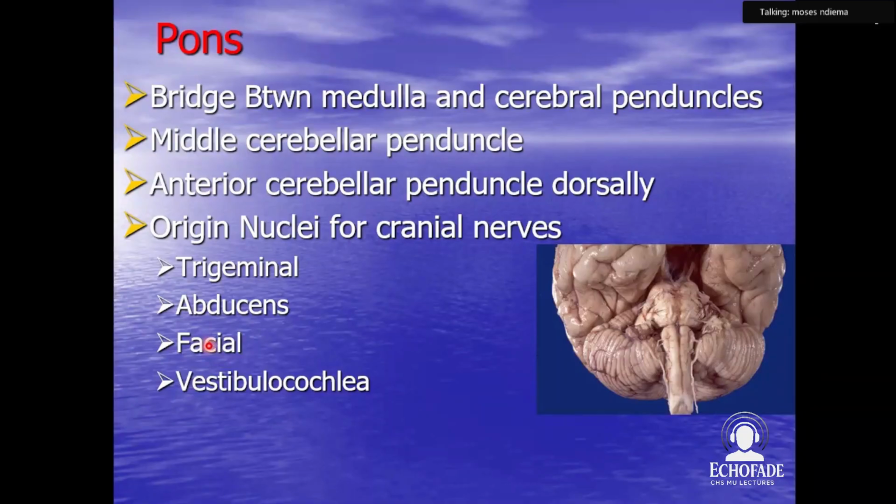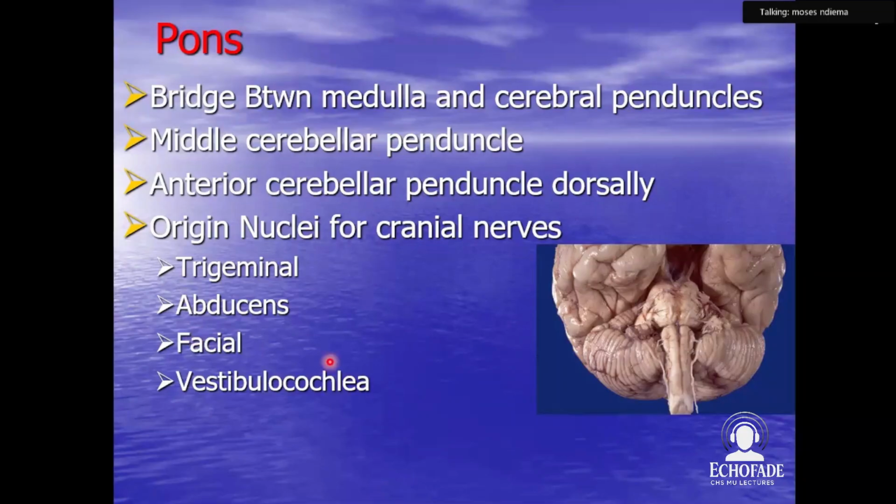It has a motor origin, it also has an autonomic origin, and it has a sensory origin, sensory for special taste sensation. So these are three nuclei we talked about yesterday, but we'll address this when we're looking at the cranial nerves. We'll come back to look at the cranial nerves, but you need just to note that they originate from the pons and their cell bodies are within the pons.